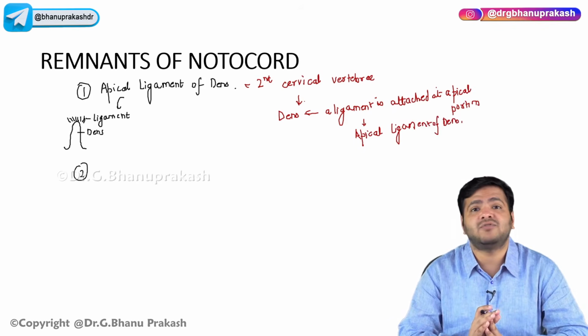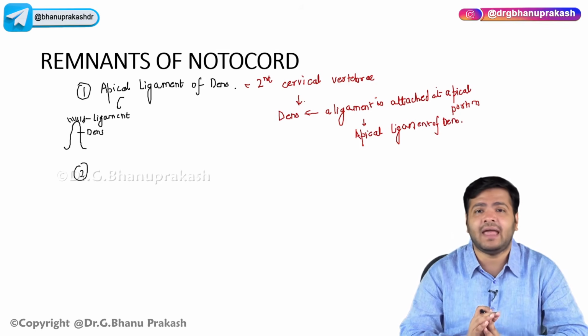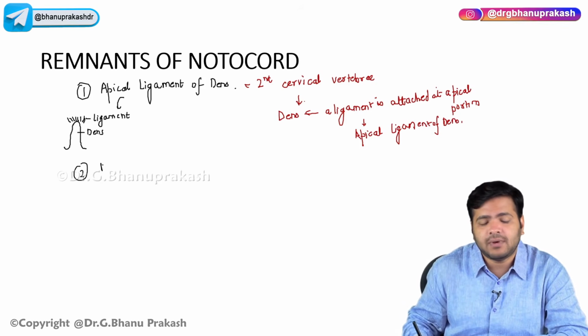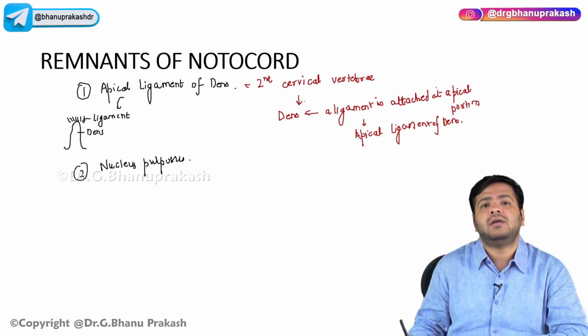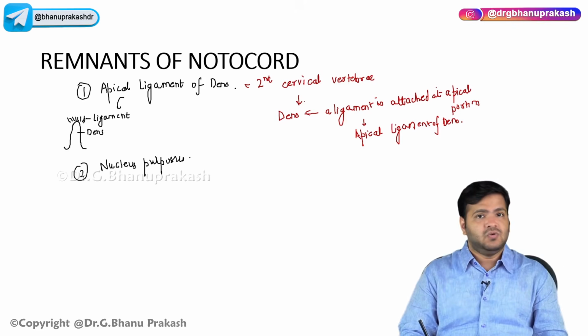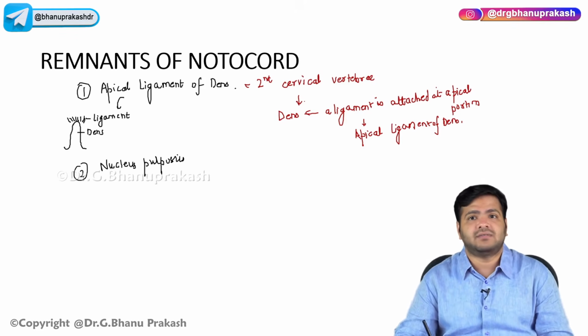Apart from that, you have to remember one more remnant, and that is called the nucleus pulposus. Now, what is nucleus pulposus? You know, we have the intervertebral disc, right?